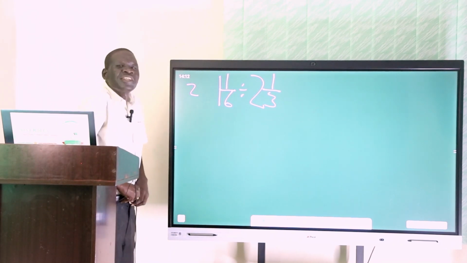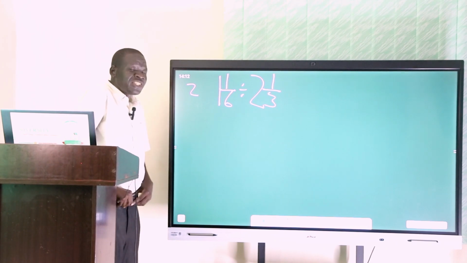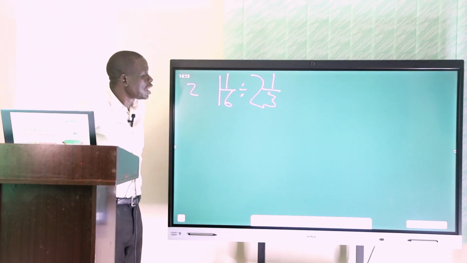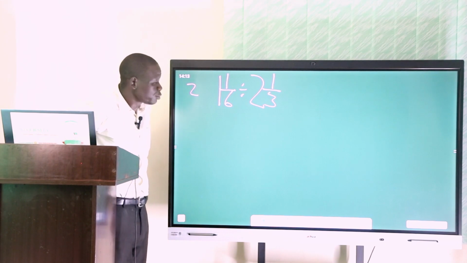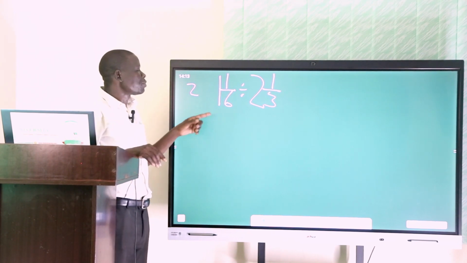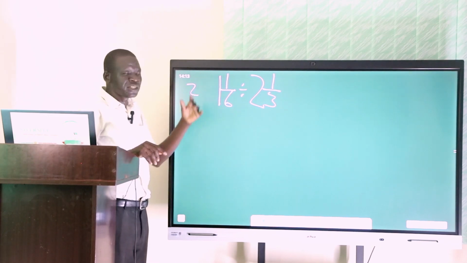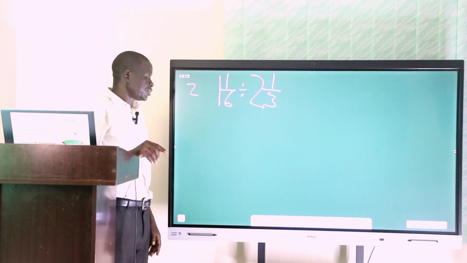So the method is we first change the mixed numbers into improper fractions. And how do we change from mixed number to improper fractions? We multiply the whole number by the denominator and then you add the numerator to it as usual.